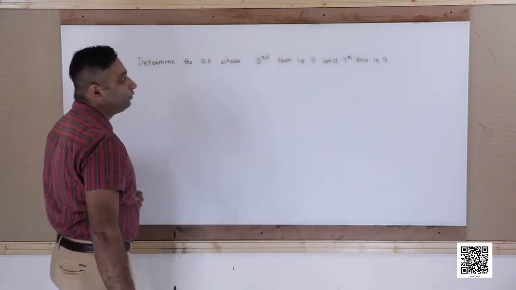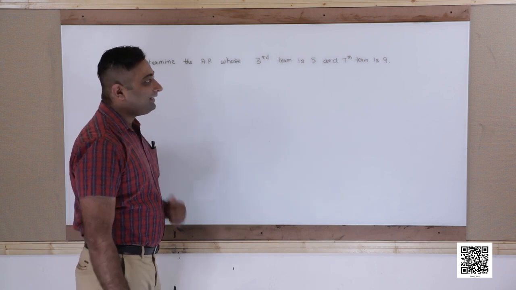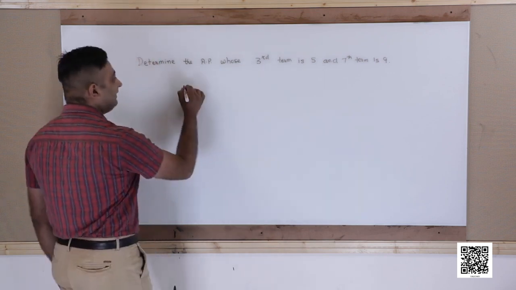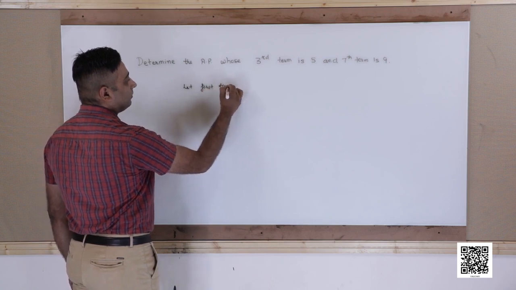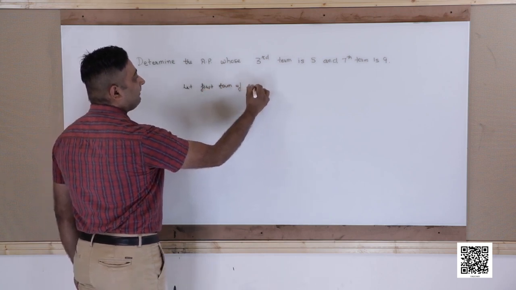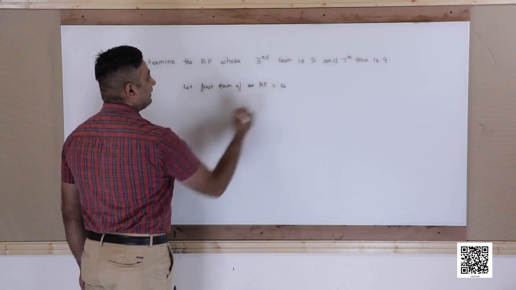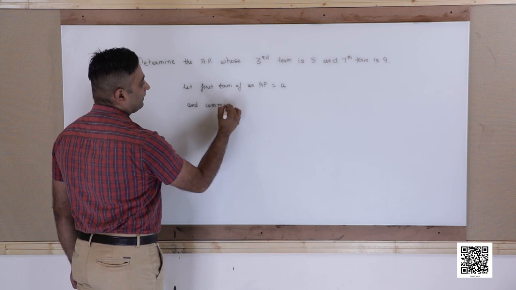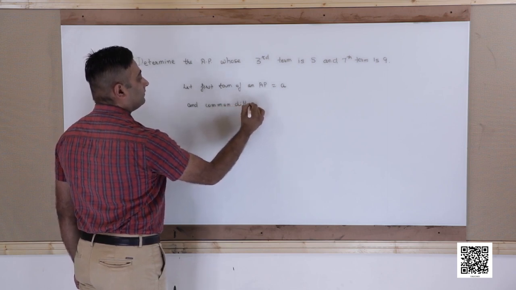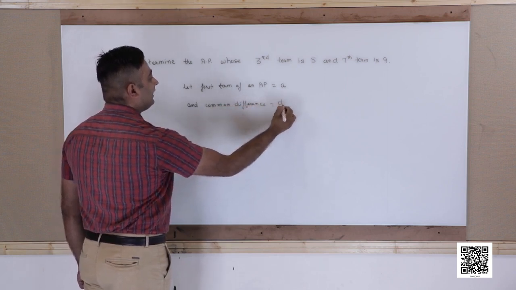Determine the AP whose third term is 5 and seventh term is 9. Let the first term of an AP be a and the common difference be d.